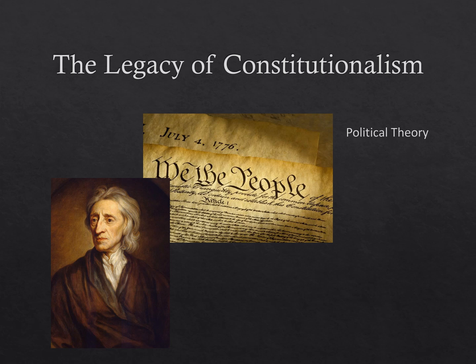A really important idea in Locke's political theory is natural rights. Locke emphasized the idea that all people have certain inalienable rights. The right to life, liberty. And I can almost hear you all saying, and the pursuit of happiness.